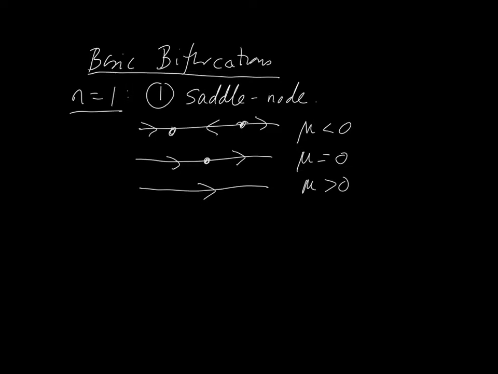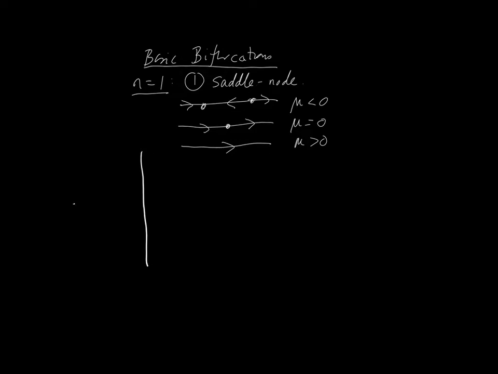What we do is put this information together in what's called a bifurcation diagram, where we draw, in this case, a two-dimensional picture where the parameter is one of the directions, say the horizontal axis, and the phase space variable is the other direction. So this says when mu is less than 0, there are going to be two fixed points, and they come together when mu equals 0.